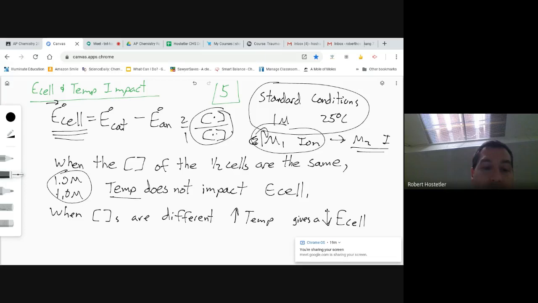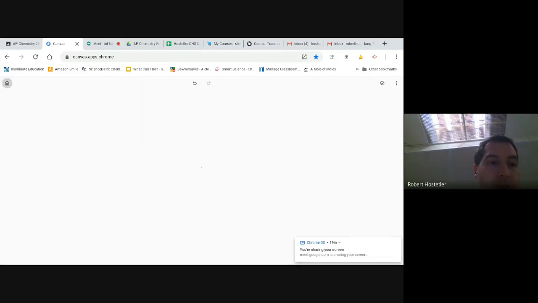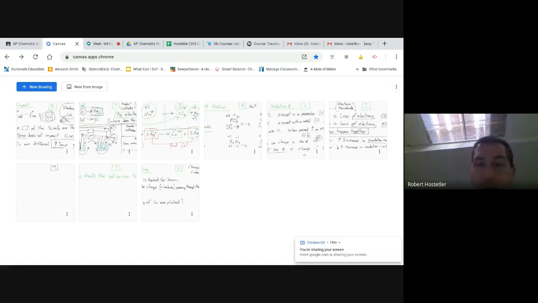But if they have different concentrations, then based on the Nernst equation, when you warm up the cell, it actually gives you a lower voltage. So just know that if temperature is going to impact E for the cell, it's going to be inversely related. They don't often ask that, but they might.